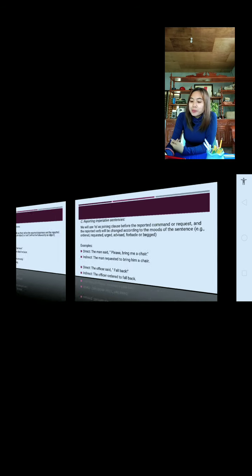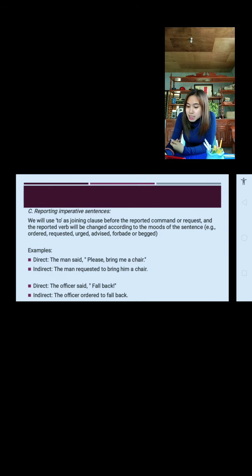Next, reporting imperative sentences. We will use to as a joining clause before the reported command or request, and the reporting verb will be changed according to the mood of the sentence. Mood here doesn't refer to emotions. It refers to ordered, requested, urged, advised, forbade, or begged.